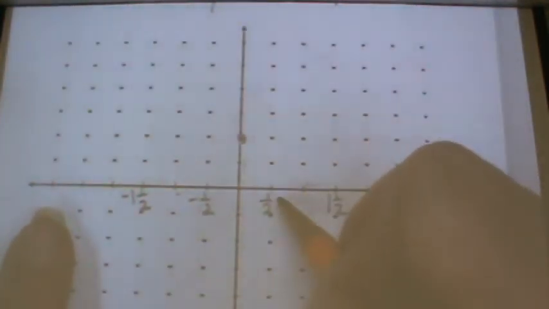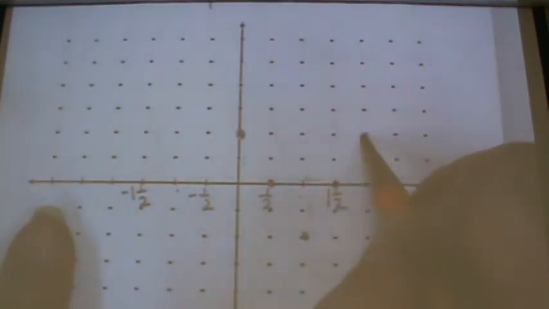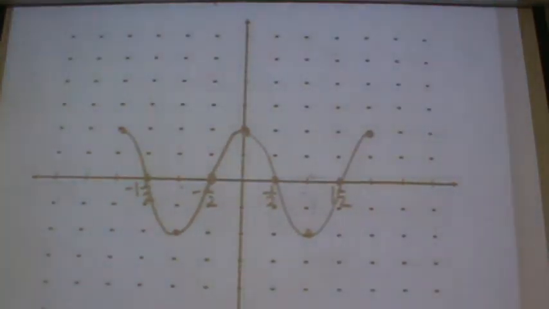And then you're graphing the cosine curve, and it's on the x-axis. So it's gonna be with an amplitude of 2. So 2 above, on. Questions?